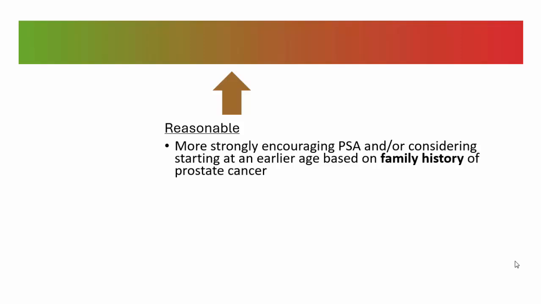Now we'll get into kind of the gray zone where it's reasonable to do these things, but there's not good, hard evidence to support it. So more strongly encouraging PSA or considering starting at an earlier age based on family history of prostate cancer. If you're curious, I do this. So I do try to more strongly nudge patients to get a PSA if they have a strong family history of it, a primary relative at least.